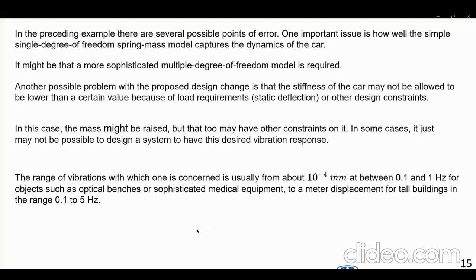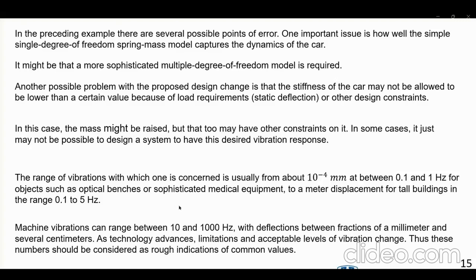Could be as order of magnitude being 1 meter or even more. And machines go between 10 and 1000 hertz, and roughly a fraction of a millimeter to several centimeters for the deflection amplitudes. Okay, displacement amplitude.